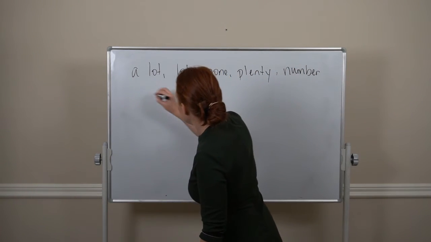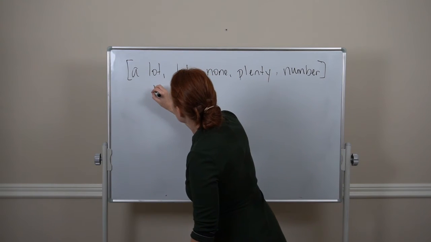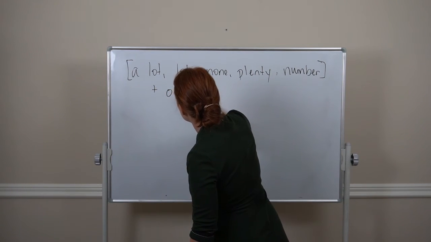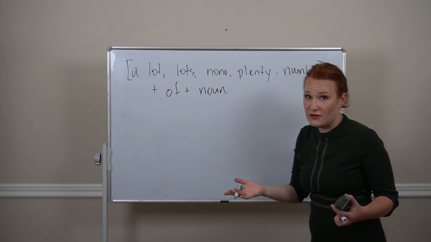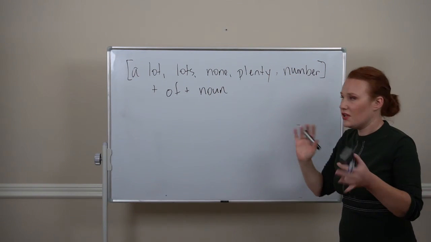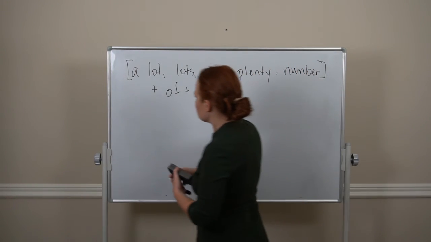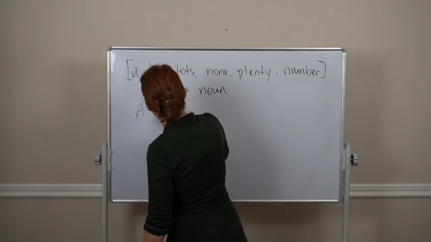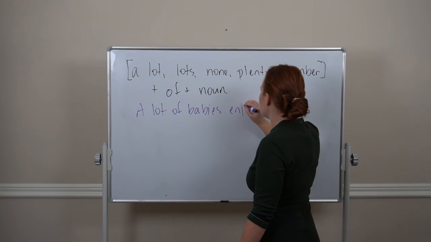So it'll be all of these plus of plus our noun or pronoun or demonstrative plus noun. It'll always use of with those. So a lot of babies enjoy tofu.